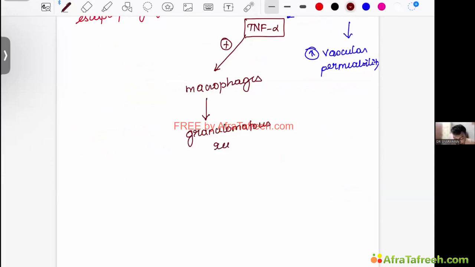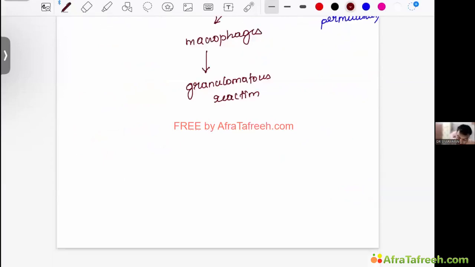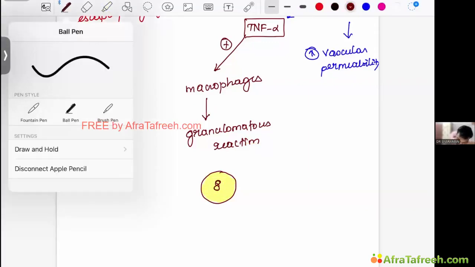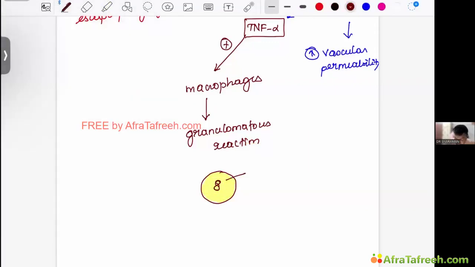Whenever there is a granulomatous reaction, this is the macrophage, and inside it are the bacilli, which combat the human immunity and produce caseous material, caseous necrosis.